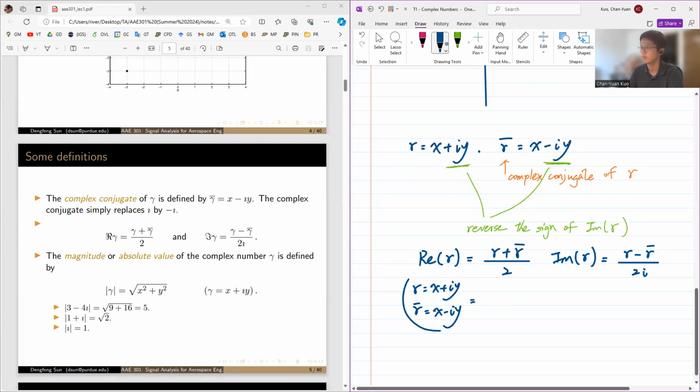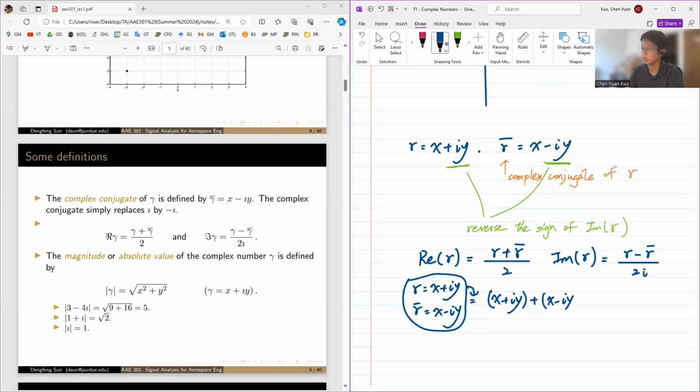So here we will have x plus iy plus x minus iy, divided by 2.